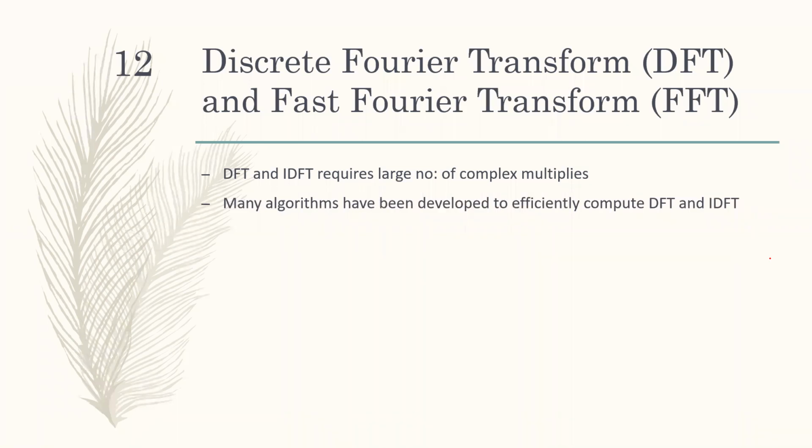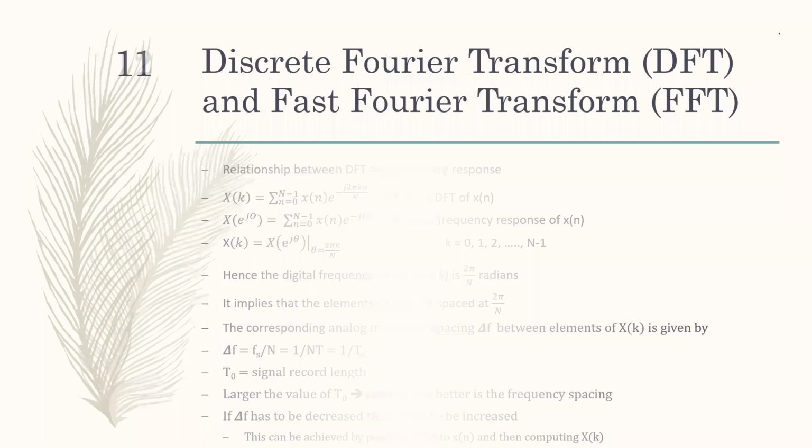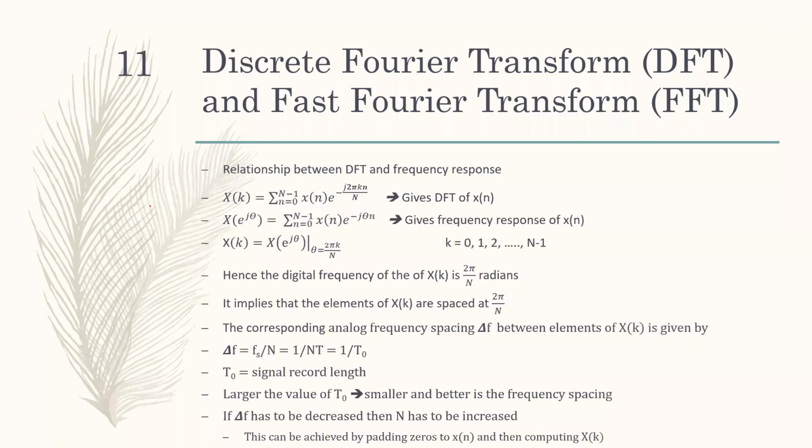Now, in order to efficiently compute the DFT and IDFT, if I go for the previous equation, it might take a lot of time. If I give you n to be 2 raised to 16, imagine what amount of time might be involved in obtaining that.